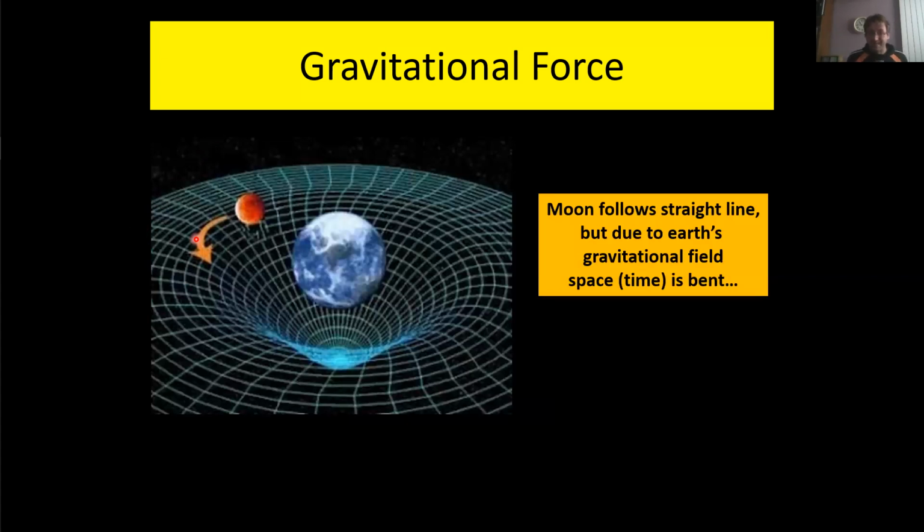Also the tidal forces it had on the Earth or the oceans were not only a few meters, but a couple of tens of meters. So the moon, basically, follows its straight line, but since space is bent, it stays on this equipotential line and goes in circles.